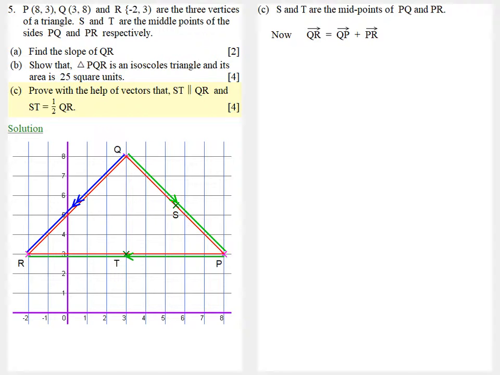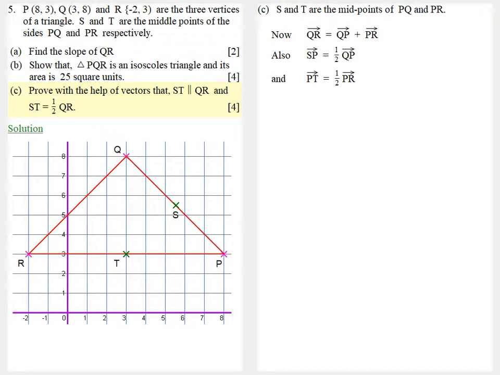So we have QR equals QP plus PR. Now also, we have the vector SP is half the vector QP. And also the vector PT is half the vector PR.